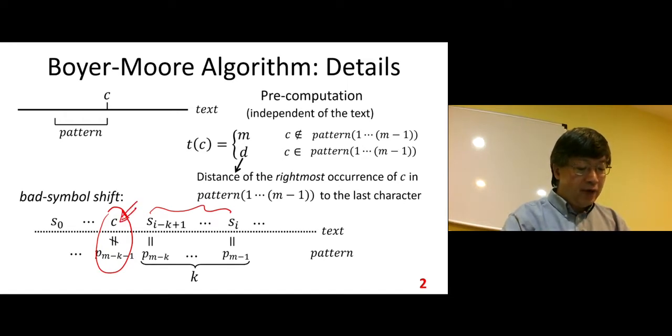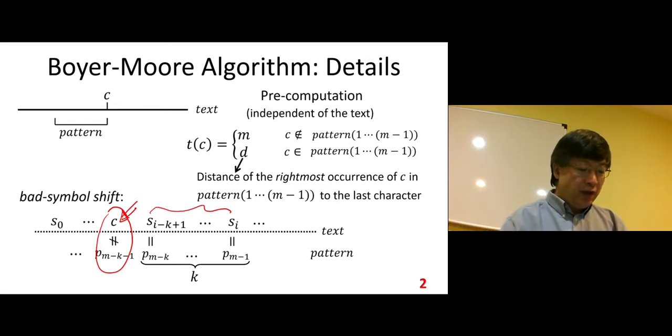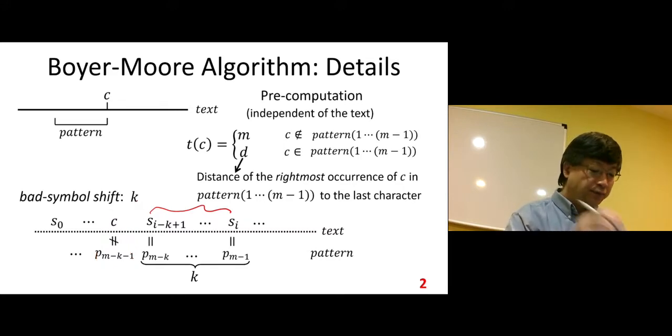The matching part we call the good symbol. So we have this concept, bad symbol shift. When you shift by this K, that is the bad symbol shift. We call this K the measure of bad symbol shift.